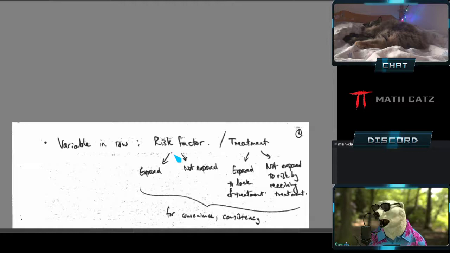If I think about smoking, the person could be exposed to smoking by smoking or not exposed. Those are the values for this variable. Or if I think about a treatment, I can also think about it in terms of exposed or not. You're exposed to the risk of not getting the treatment, and you are not exposed to the risk by receiving the treatment.